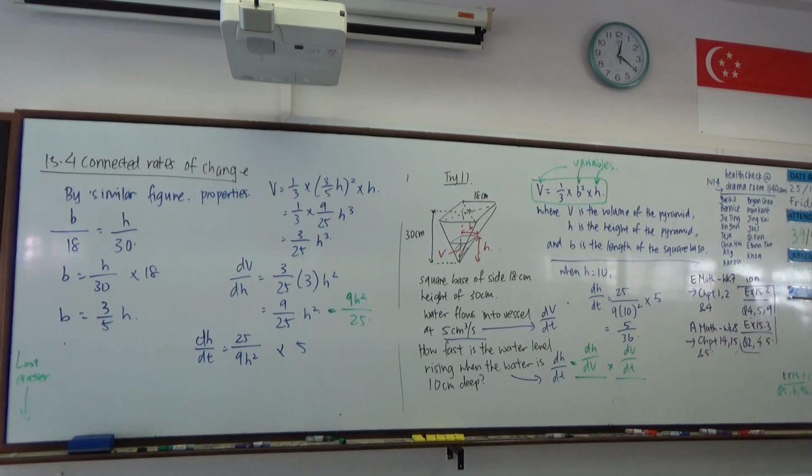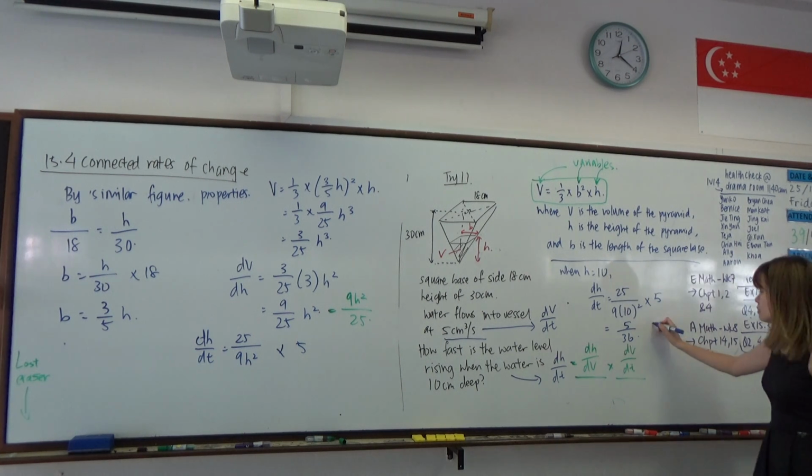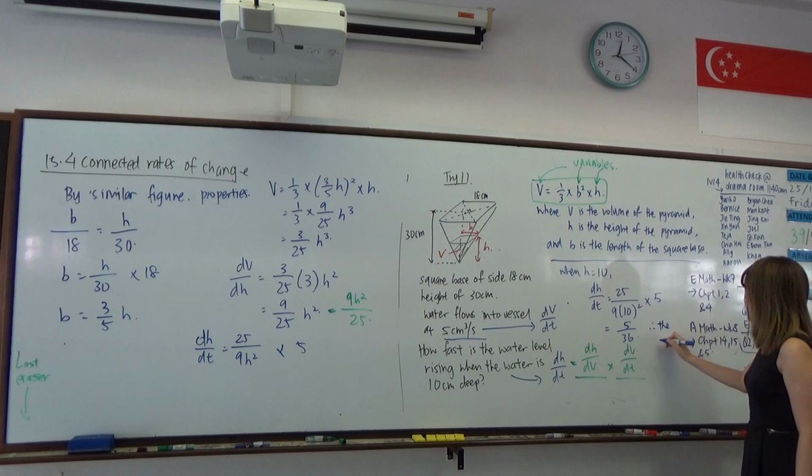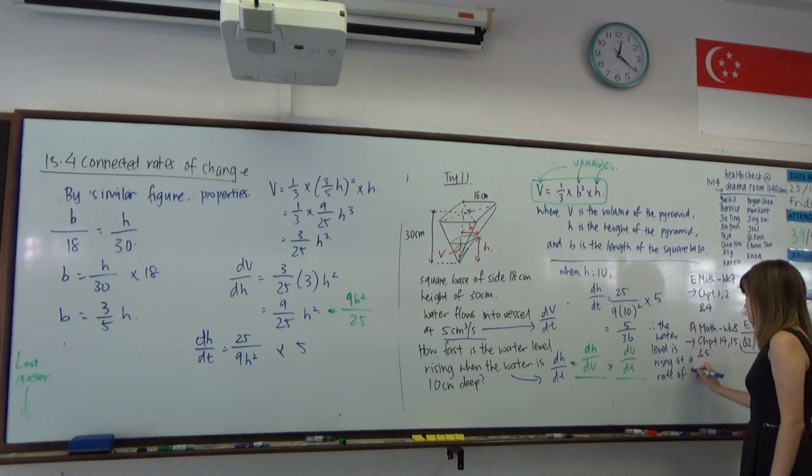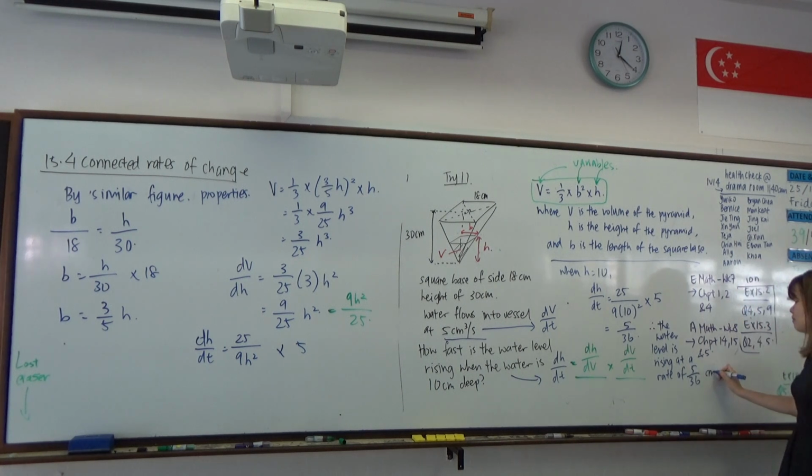Therefore our water level is rising at a rate of 5 over 36. You could leave it as a decimal. Wait, let me check. It will not be a nice decimal, so leave it as a fraction. Therefore, the water level is rising at a rate of 5 over 36 cm per second.